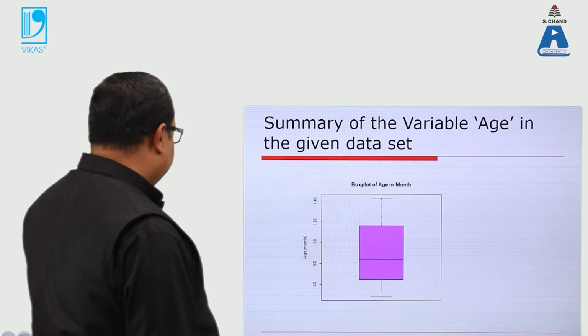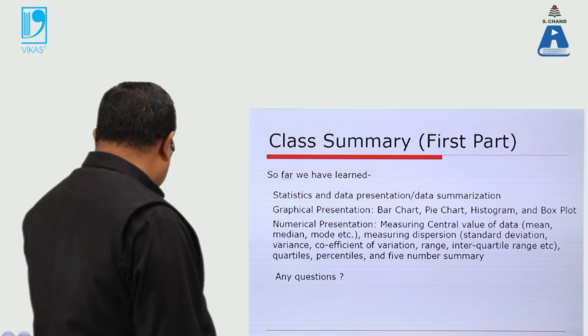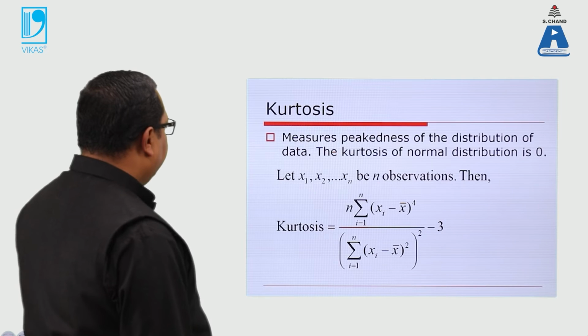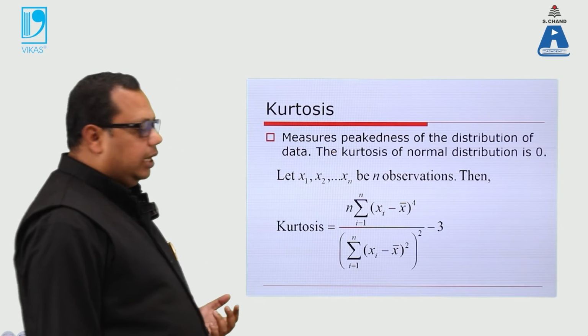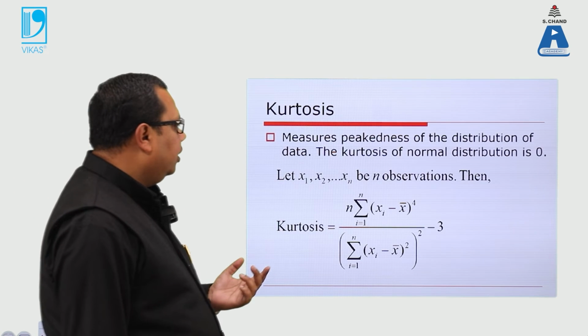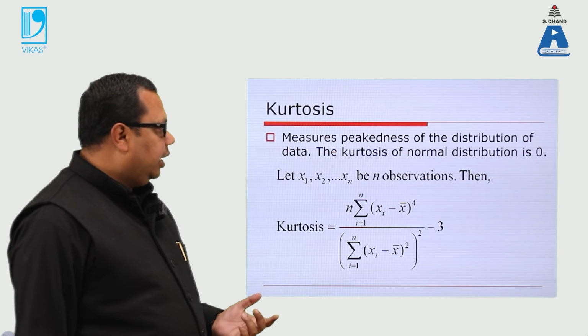So we can see the variable age. We have calculated the quartile and the skewness, and we have discussed how these calculations are very important, and how we make the calculation in the different categories.